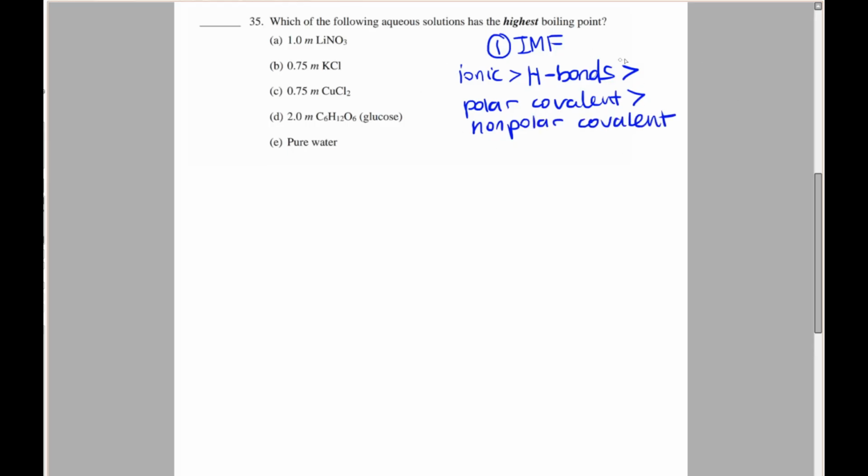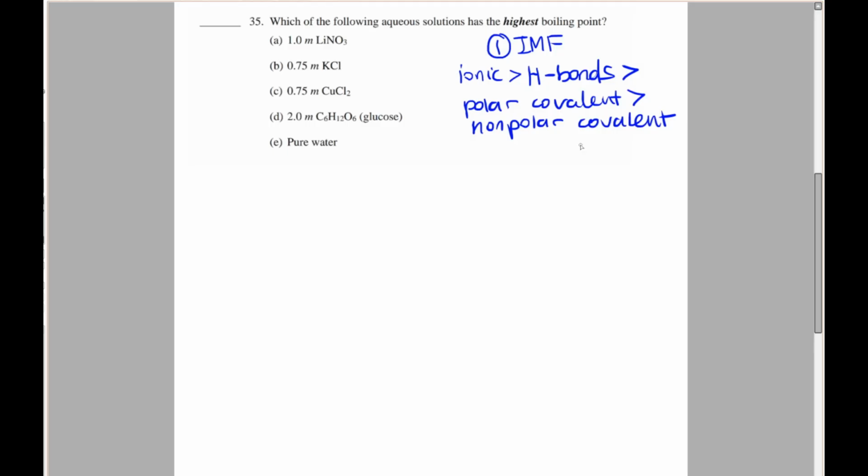So ionic would have the highest boiling point because it's the strongest type of bond, so it's the hardest to break. On the other end of the spectrum, non-polar covalent bonds don't have a lot of attraction to each other, since they don't have a net dipole moment, so it's easier to break those bonds and they have a lower boiling point.